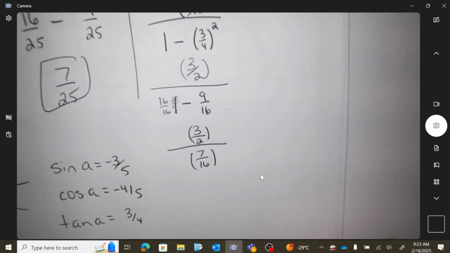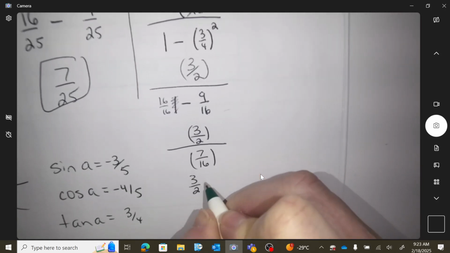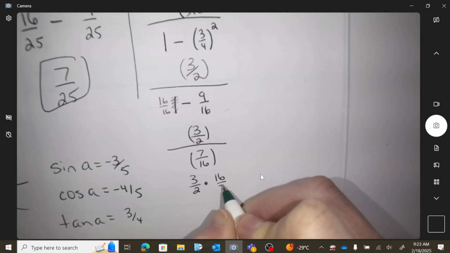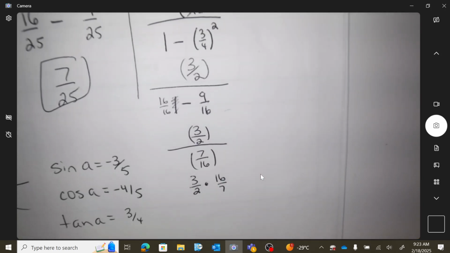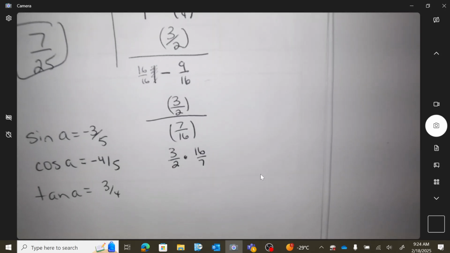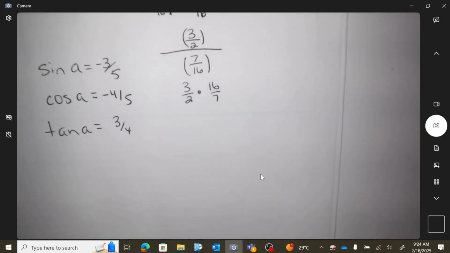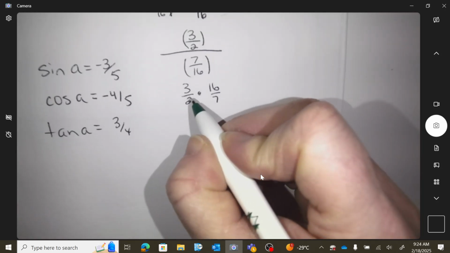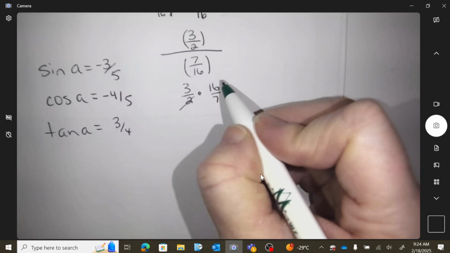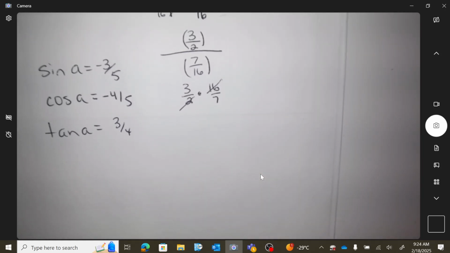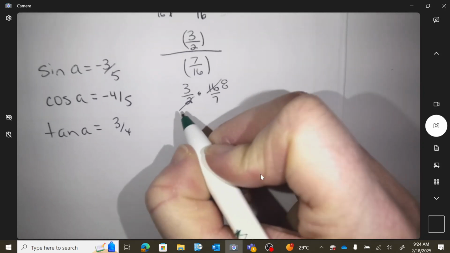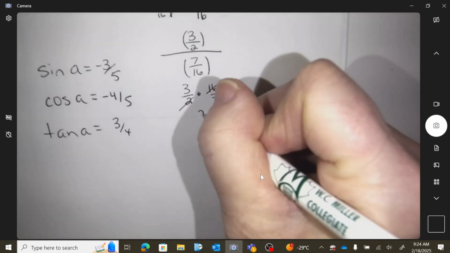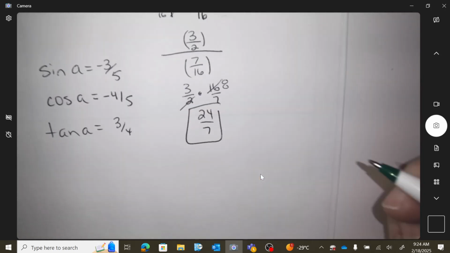Flip multiply. 3 over 2 times flip. I don't have a calculator, so what should I do that would help me with calculating this? Cross off, reduce, reduce. 8. So 24 over 7 is my final answer.